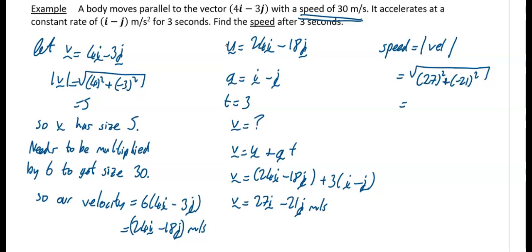So I just said 27 squared plus minus 21 squared, all square rooted, and I got an answer of 3 root 130. I press SD obviously to get it, and it's going to be 34.2 meters per second, and that is to 1 dp.